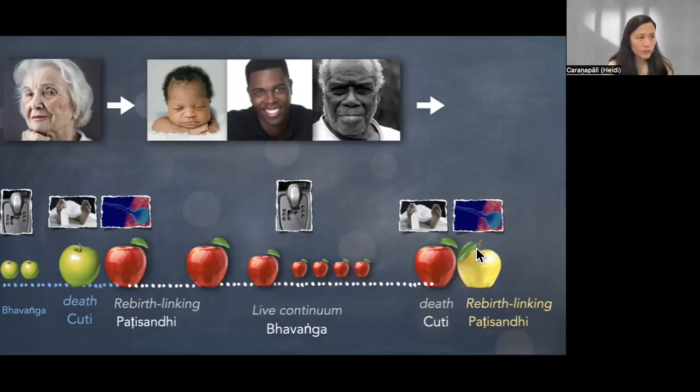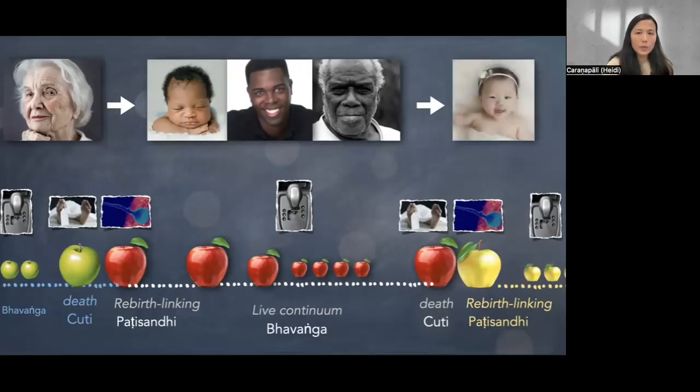So the first rebirth consciousness will be a result of something good he did in this life, or maybe even previous lives. From the cuti, immediately patisandhi arises and a new life starts, and throughout this new life the bhavanga citta will also be of that same type. So now we are talking about three lifetimes here.